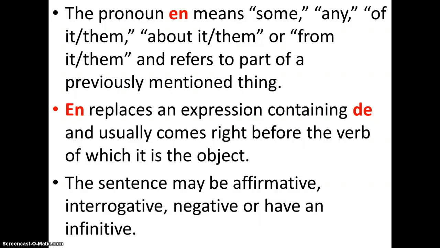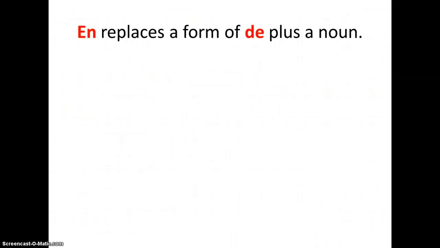The sentence may be affirmative, a positive sentence, interrogative where you're asking a question, negative where we use negation, or have an infinitive in it. We're going to talk about these different types of sentences. So en, once again, replaces the form of de plus the noun.